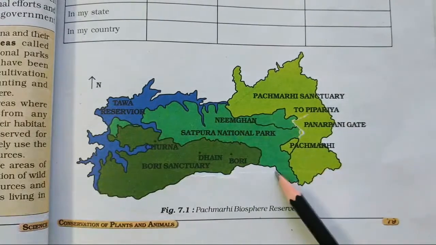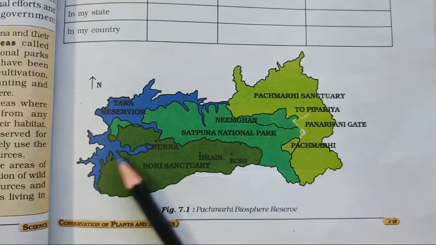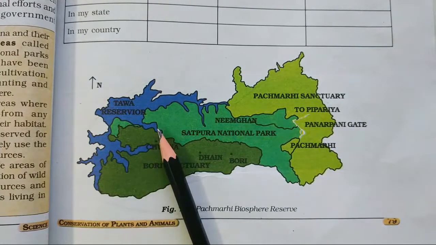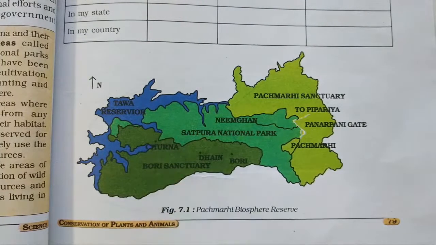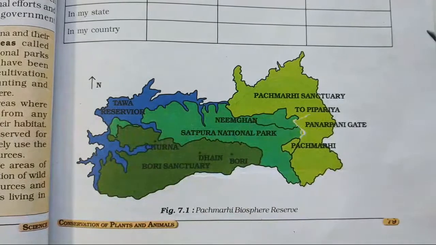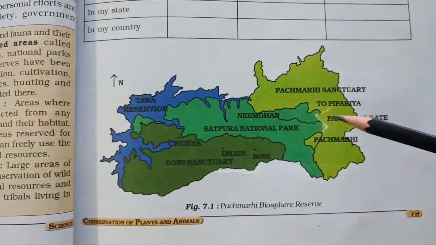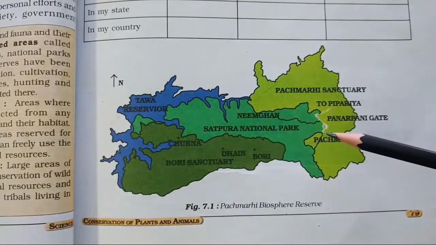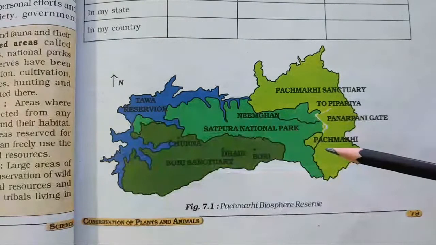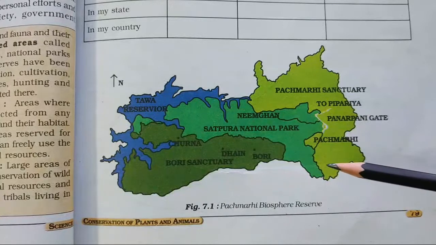So in this area, maybe outside this there will be some cities, but in this area there are people who live in the forest, because a huge area cannot be left only for animals. These people who live in the forest are called tribals. They live in this area and they continue to live, and they are not allowed to leave the place. So whatever their tradition and culture is, that is not changed.